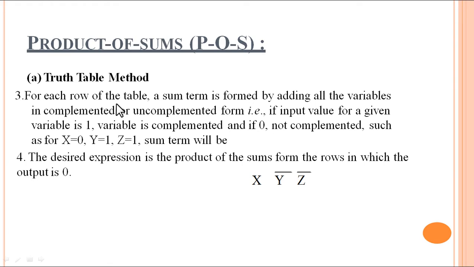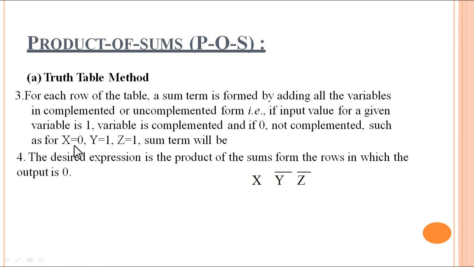For each row of the table, the sum term is formed by adding all the variables in their complemented or uncomplemented form. That is, if a variable is given as 1, the variable is complemented. If the variable is given as 0, it will not be complemented.